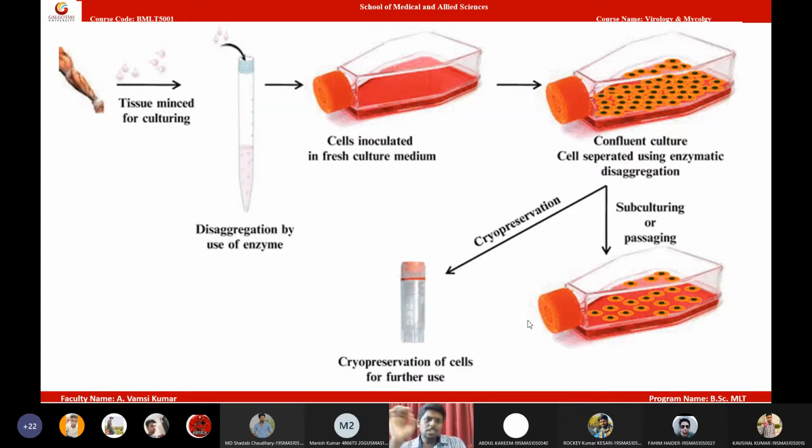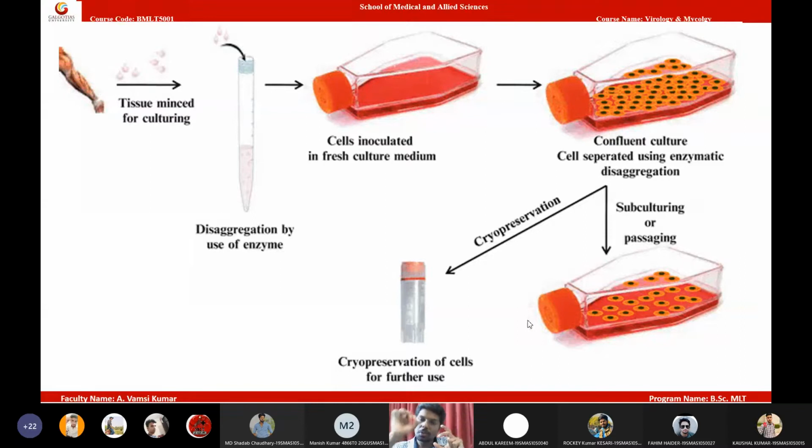Now, just imagine, students, how hard it will be to maintain constant oxygen supply to these cells. We need to remove their metabolites from the medium. That means they constantly release excretory products that need to be removed. And we need to supply constant nutrition to the cell line. This is called cell lines.